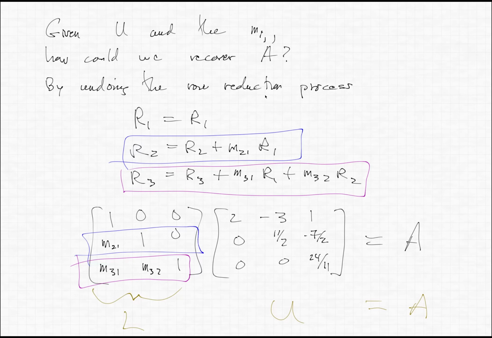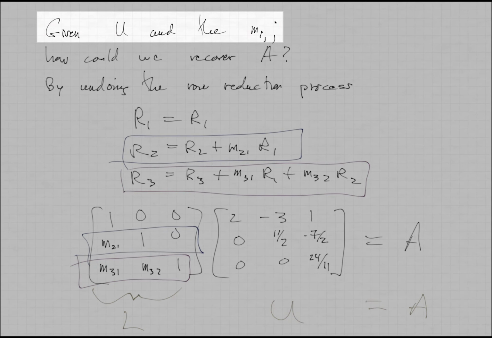It may sound like a trivia question, but suppose we're given U and the multipliers Mij. Is there a way we can recover the original matrix A? That seems like it ought to be simple to do, and it is.